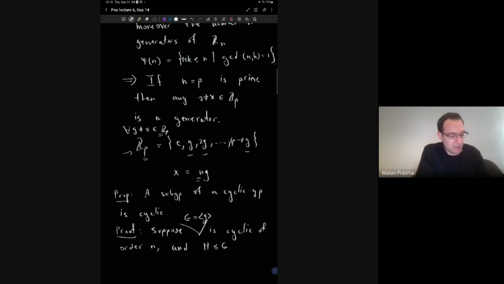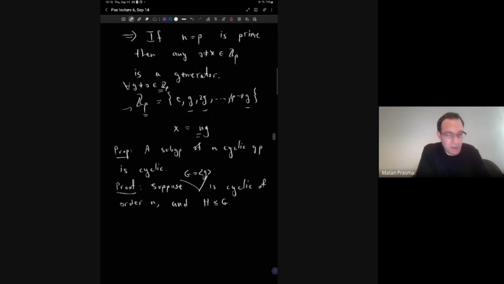And with this element g, I can express all the elements of H in particular, because I can express all the elements of G.